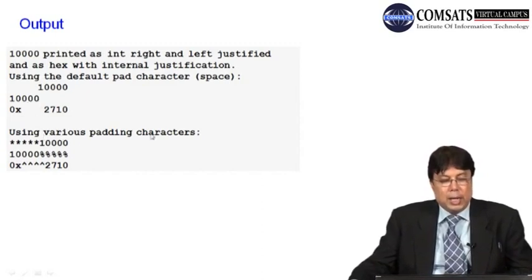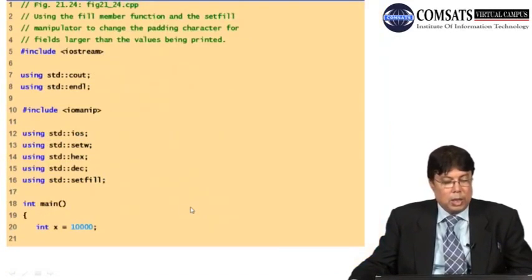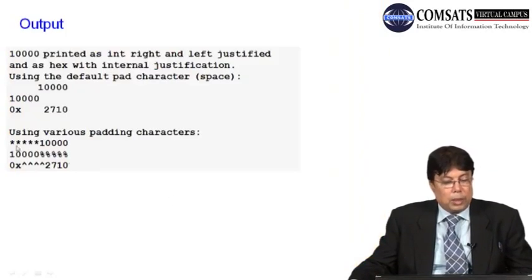Then using various padding characters, we have carried out the padding with the help of static. So we have made it left justified, and here right justified with padding static, then left justified and padding with percentage. So the output, where is the output? Here. Right justified with padding static is here, left justified with padding of percentage sign here.